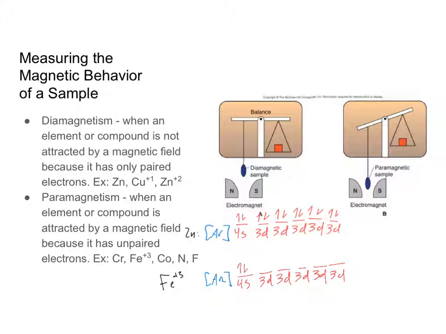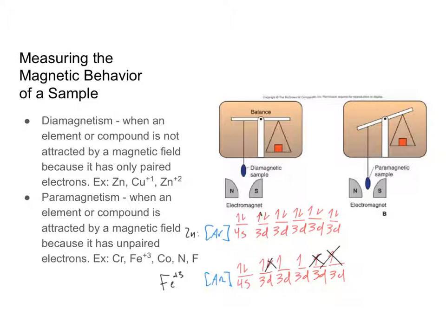I'm now going to say that it lost 3 electrons, and by doing that, not all of the electrons in this element are paired up. Because they're not paired up, we call this paramagnetism.